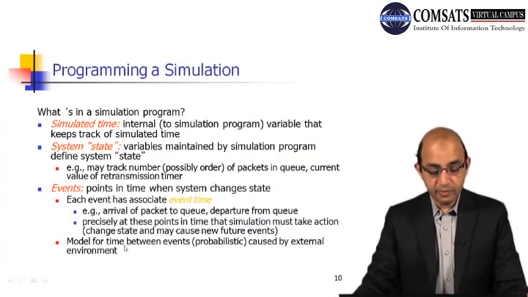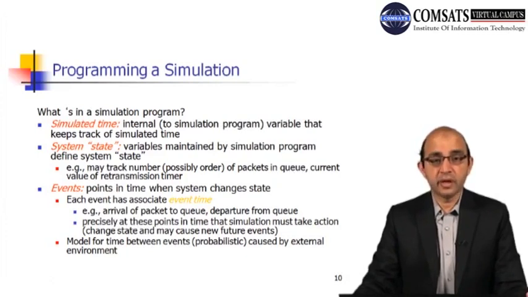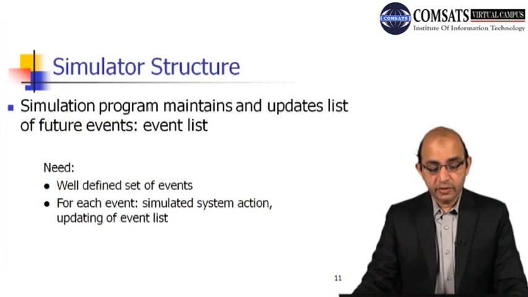Then we have a model for time between events, probabilistic, caused by the external environment. So these are the key elements we have to take into account when we are programming a simulation. Here is what we actually need in order to structure the simulation: it maintains and updates a list of future events, the event list, a well-defined set of events.